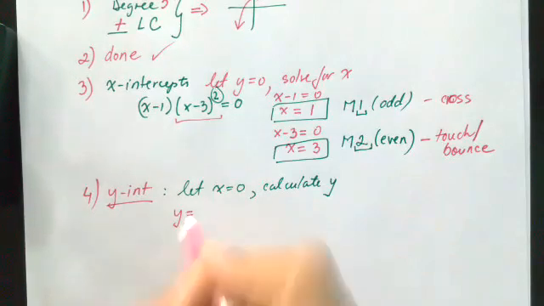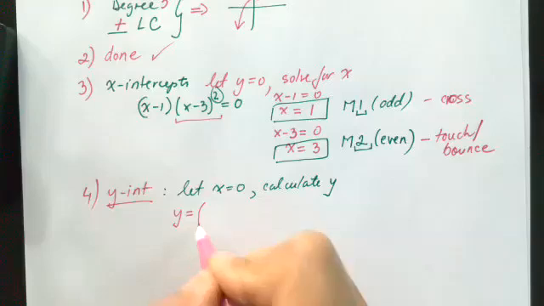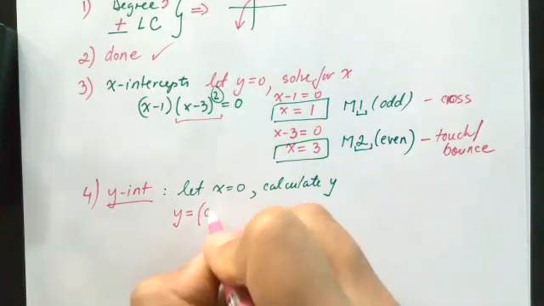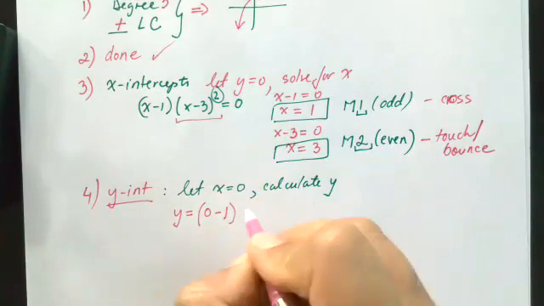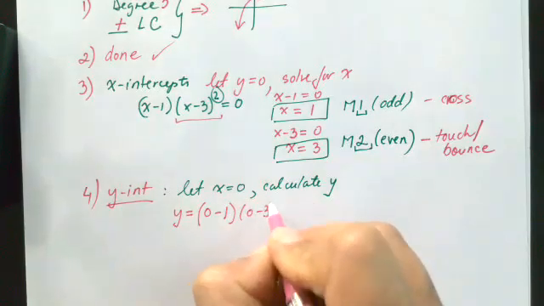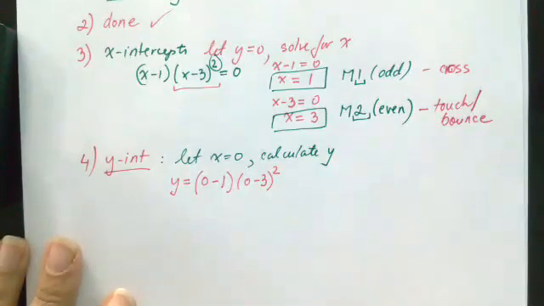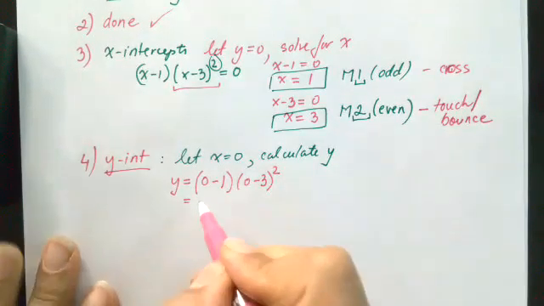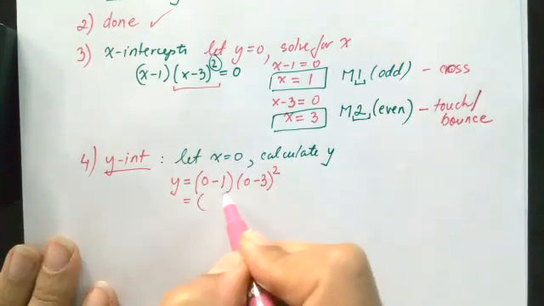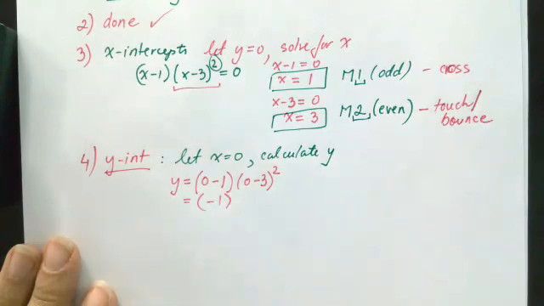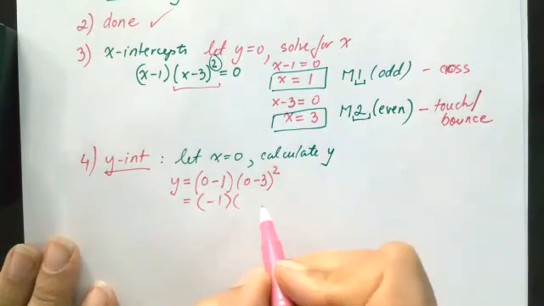So y equals, into the equation, everywhere we see x, we replace it with 0. So 0 minus 1, times 0 minus 3, everything squared. Now, order of operations. What's 0 minus 1 in the first bracket? It's -1. What's 0 minus 3?